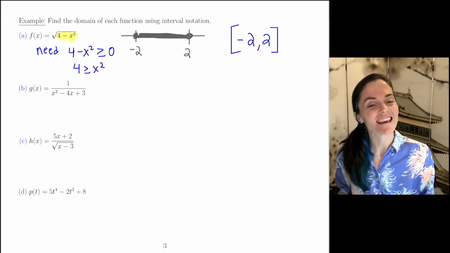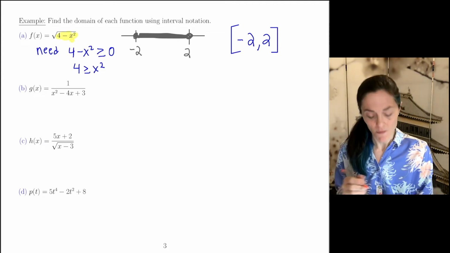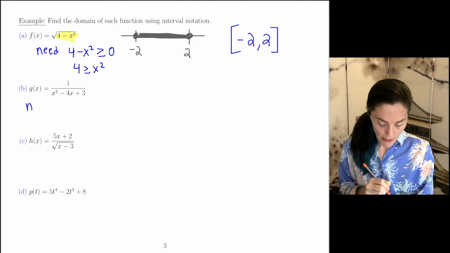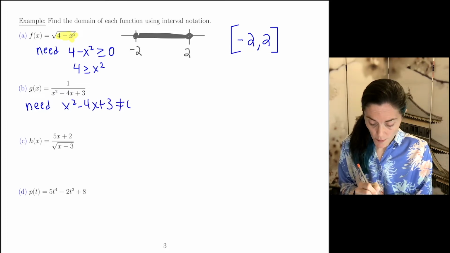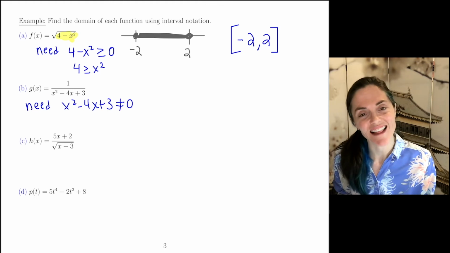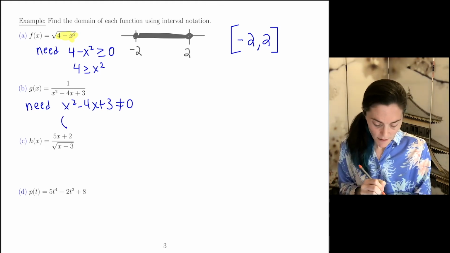In letter B, the issue is dividing by 0. So let's write in words. We need x squared minus 4x plus 3 to not be 0. Well, how can we solve something like this? Let's just factor.